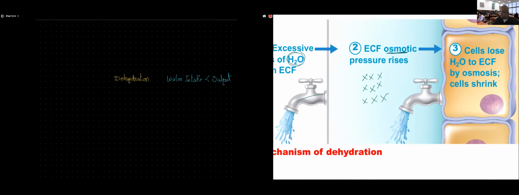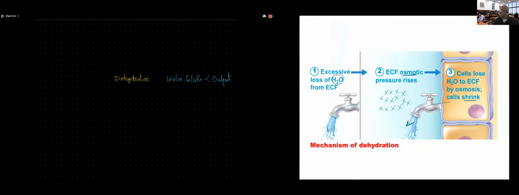Remember, if I keep losing water, the solute concentration is gonna be rising in the extracellular fluid, and this includes plasma and interstitial fluid. And as a result, what happens? This high solute concentration in the extracellular fluid compartment is going to be pulling the water out by osmosis from the cells. This will cause the cells to lose water and to shrink.